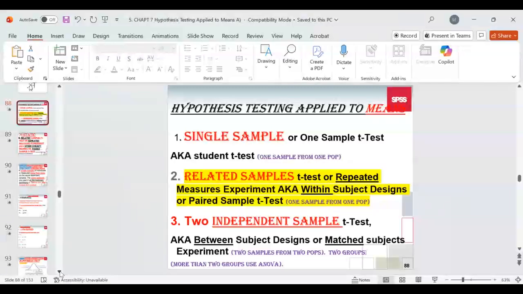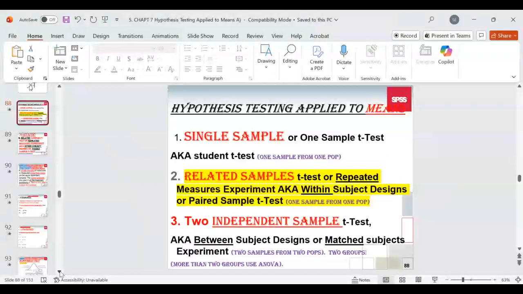We talked about single sample, which you have one sample from one population, also known as a student t-test. Tonight, we're going to go over related samples t-test, also known as repeated measure experimental design, or within subject designs, or paired sample t-test. Once again, we use one sample from one population. So what's the difference between 1 and 2?